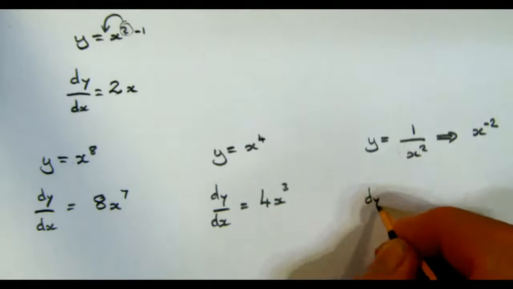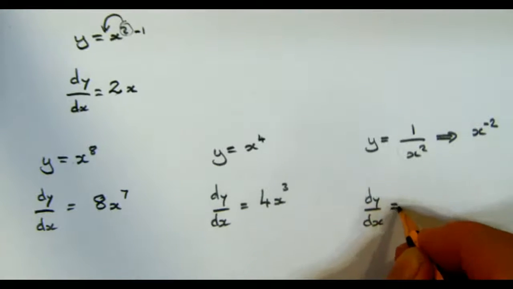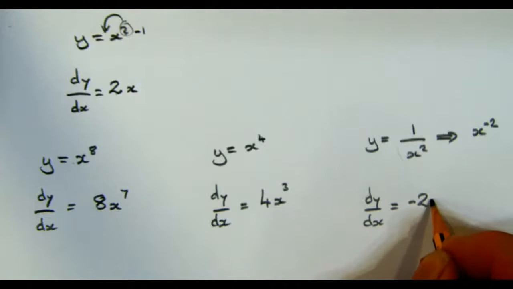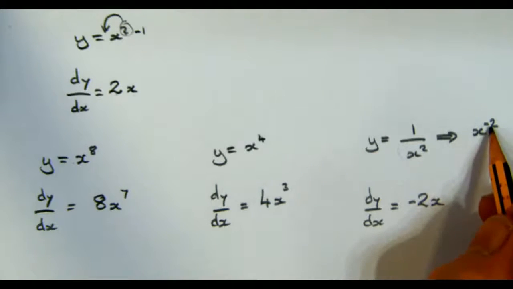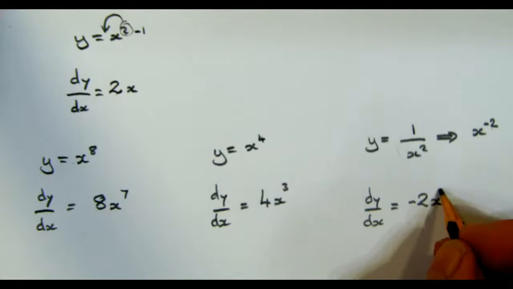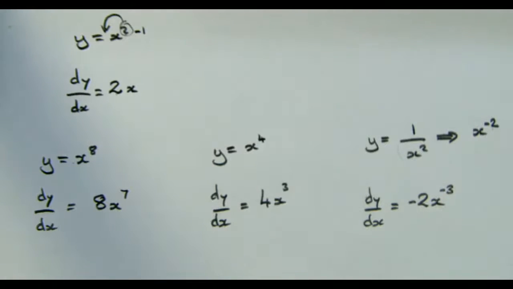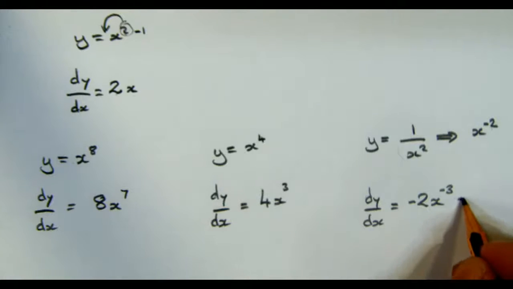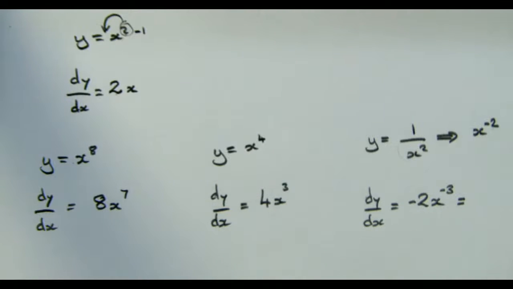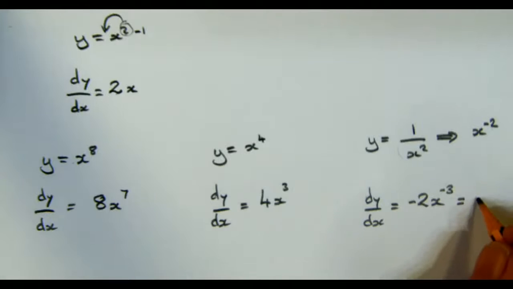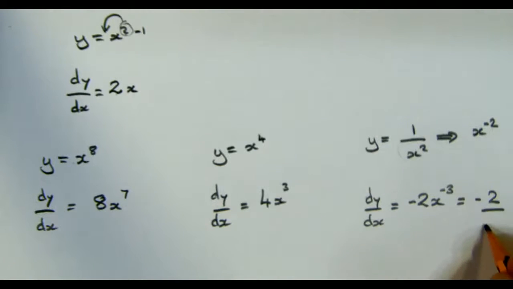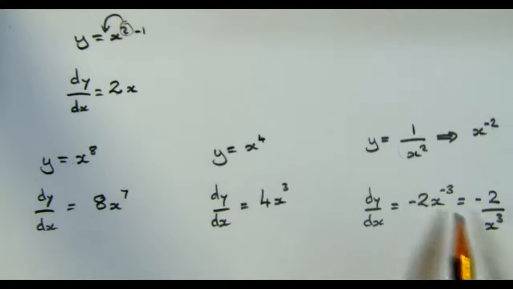The same rules apply, and we get minus 2x, and we take away 1, so this becomes x to the minus 3. And if I want to try and put that back as it was, this is going to be minus 2 over x cubed. Either of those are really right, but sometimes it's polite to put this back in the format that you were given it.